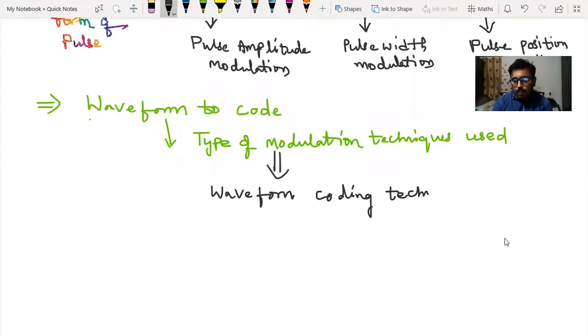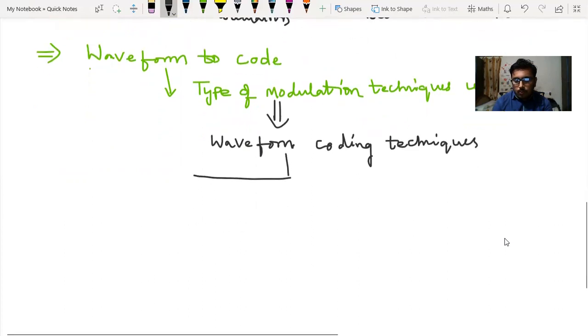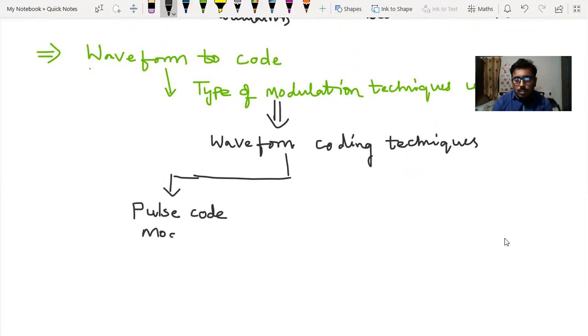In waveform coding, we come across different types of techniques. One, the standard one, is pulse code modulation, that is PCM. For pulse code modulation, the input is in analog form, whereas the output we get is in the form of a code.